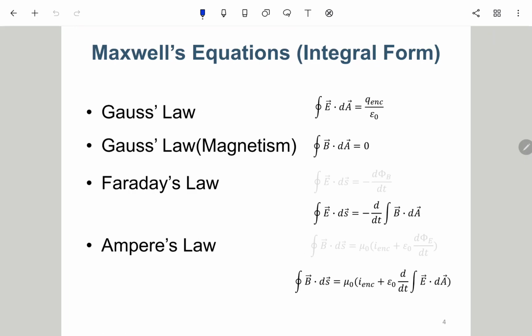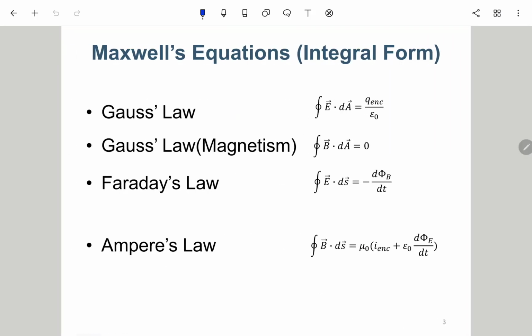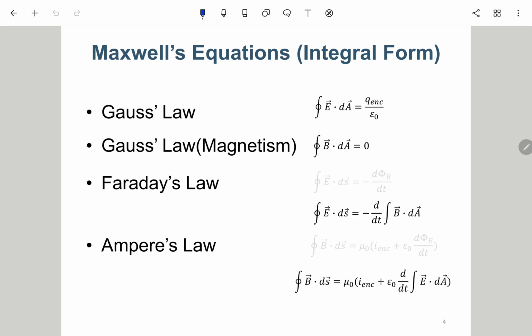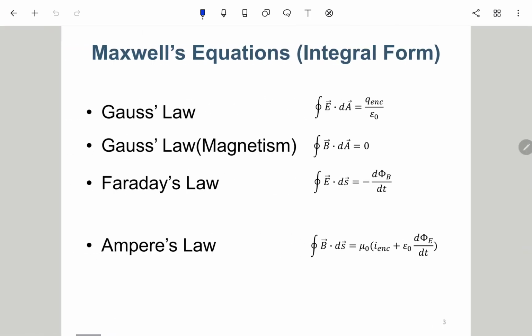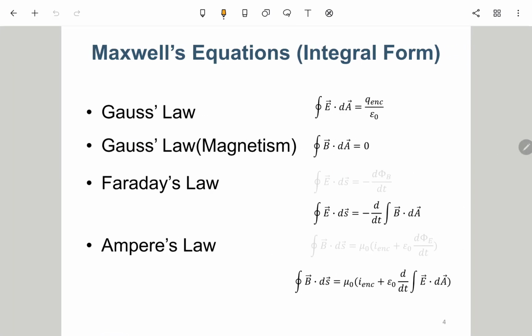So here we try to slightly modify this phi B and phi E. Actually we have learned this. The phi B is the magnetic flux.